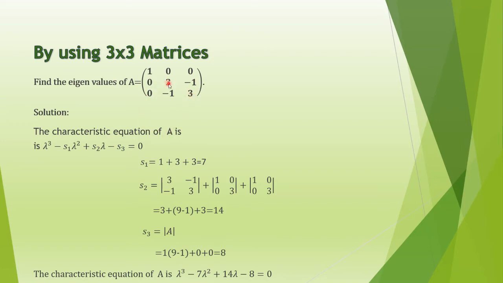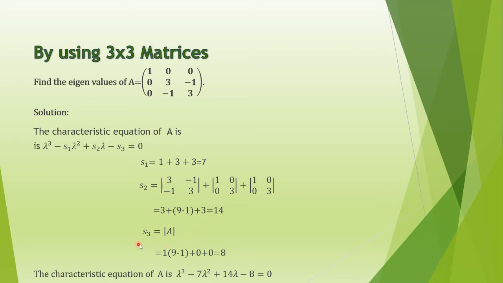Next we move on to the second main diagonal element, 3. Here I am eliminating its column and row, so we are getting 1, 0, 0, 3. Next we eliminate the last main diagonal element, 3, its column and row. Wherever you have the element, you have to eliminate that particular row and column. So 1, 0, 0, 3. If you solve this, you get the value 14.